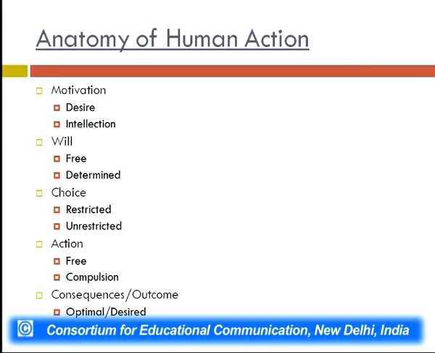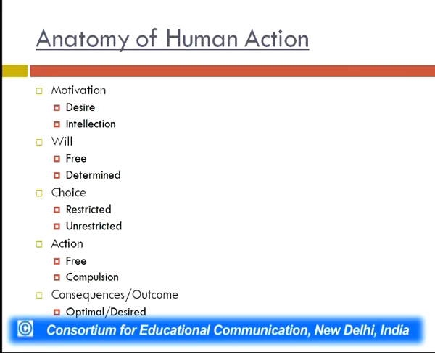When we talk about motivation, there could be different motivating factors for a given action. At times, and in the animal world most of the time, we act out of our desires.